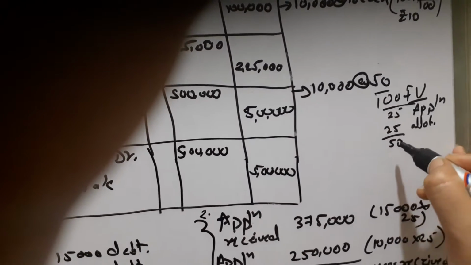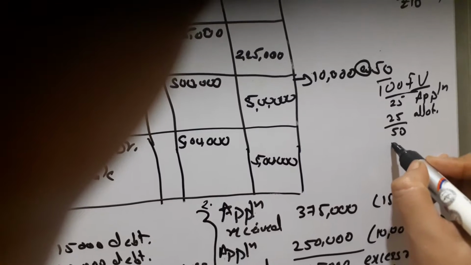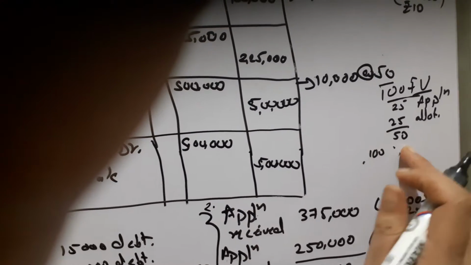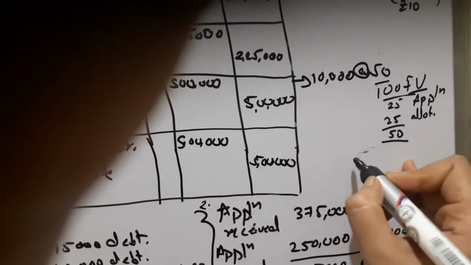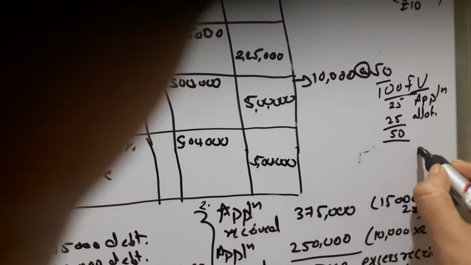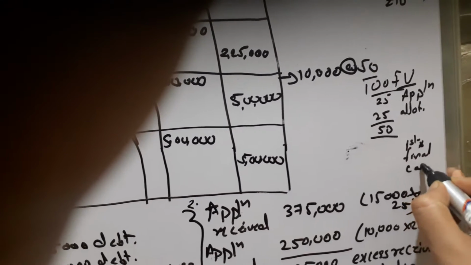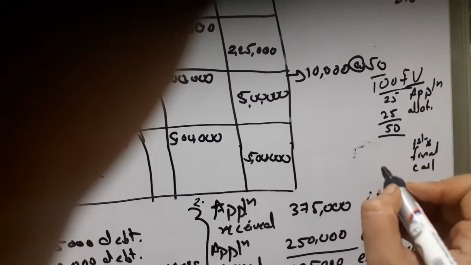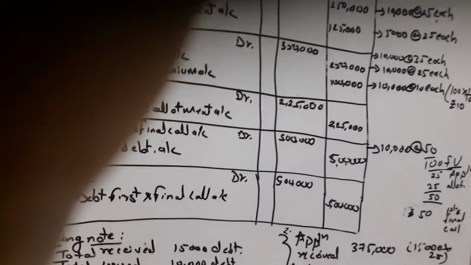So 100 minus 50 will be, this is till your application and allotment, 50 rupees. So how much will you need for first and final call? 100 minus 50, that is your 50 rupees. That is the balancing amount for first and final call.